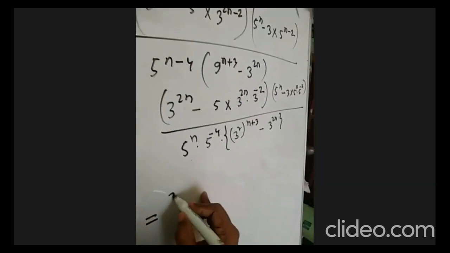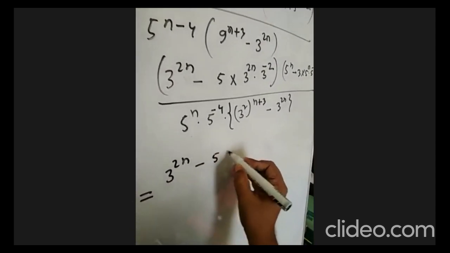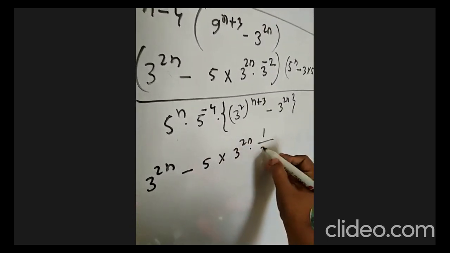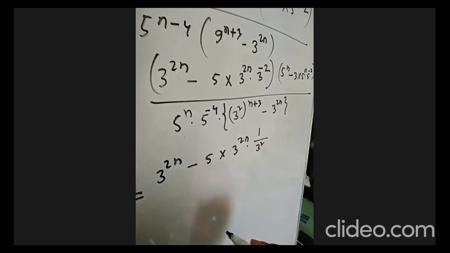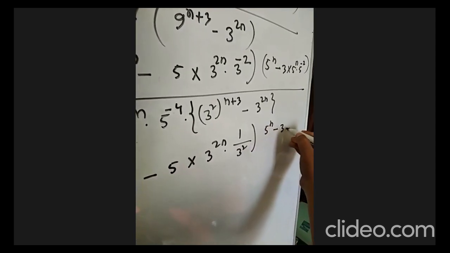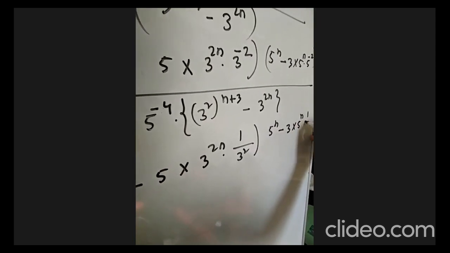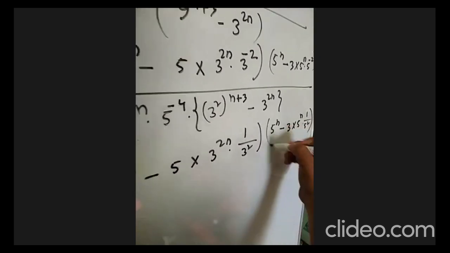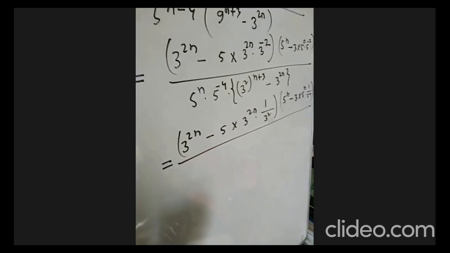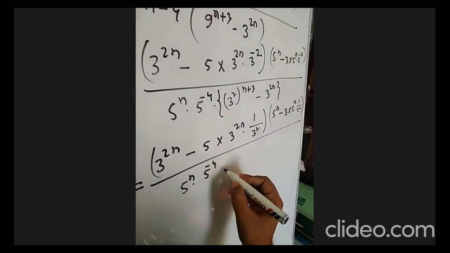This equals 3 to the power twice n minus 5 to the power 5 multiply 3 to the power twice n. This can be written as 1 by 3 square. Similarly, 5 to the power n minus 3 into 5 to the power n into 1 by 5 square, divided by 5 to the power n into 5 to the power minus 4.